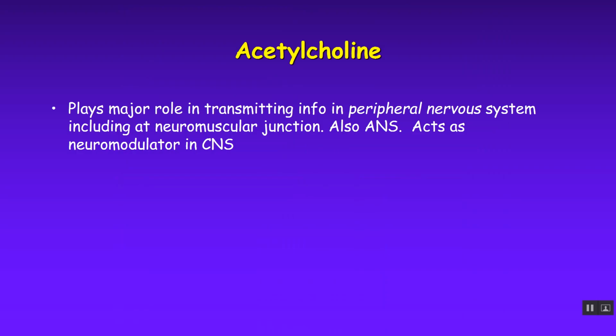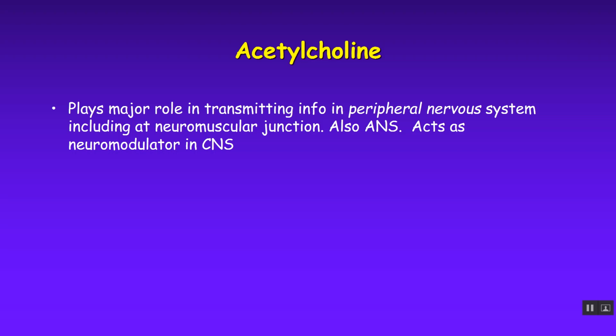So now we're just going to go through and touch on some of the individual neurotransmitters and neuromodulators. Just talk about them as an individual a little more detail. So acetylcholine plays a major role in transmitting information in the peripheral nervous system, okay? Both at the neuromuscular junction and also in your autonomic nervous system, okay?